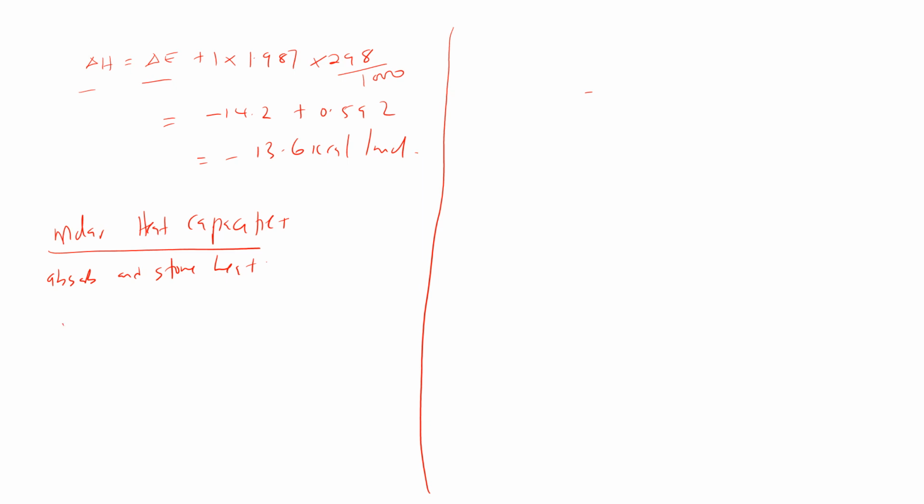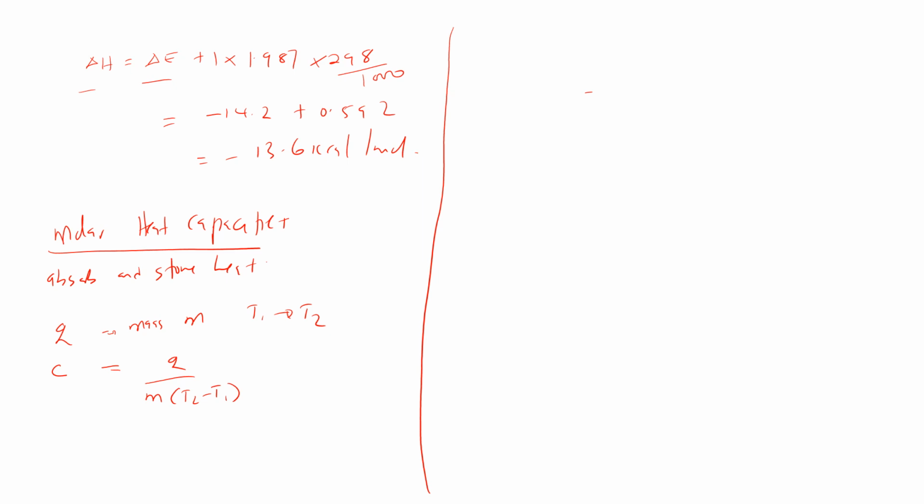So if Q calories is the heat absorbed by a body of mass m, and the temperature rises from T1 to T2, the heat capacity, which is C, is given by C equal to Q divided by m into (T2 minus T1).